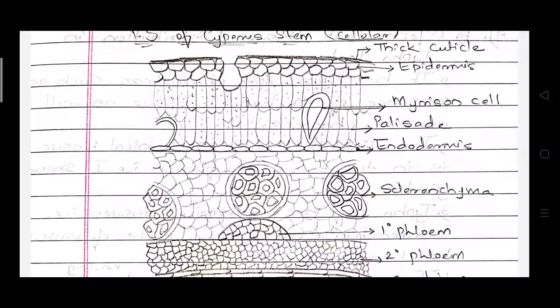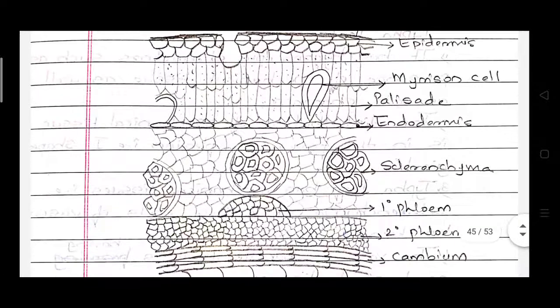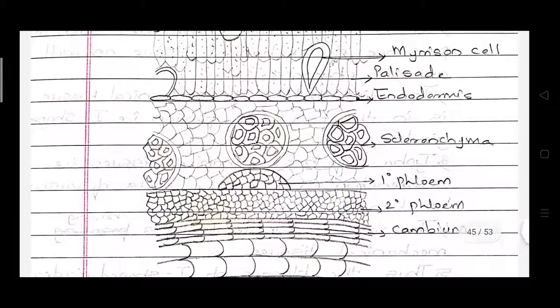After this epidermis, there are the mesophyll cells, or the palisade cells, two to three layers of palisade cells. In the palisade cells, the patches of mesophyll cells are scattered. Then next to the palisade layer there is the endodermis, again single layered.